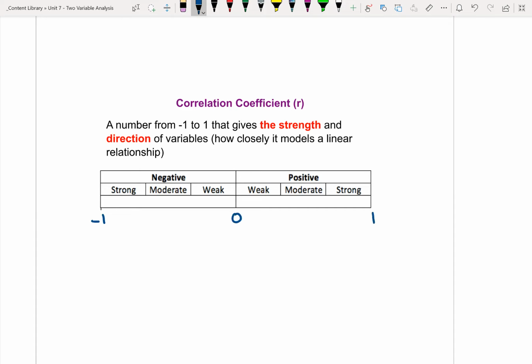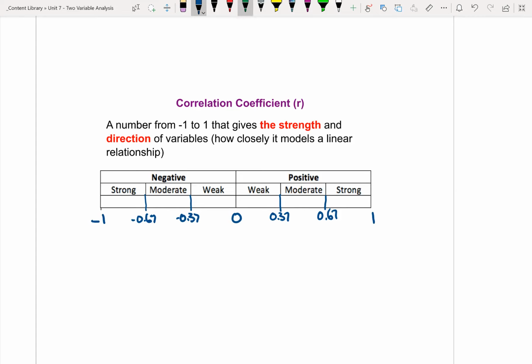If you're trying to divide this up, maybe you have -0.67, -0.37, +0.37, and +0.67, just using thirds. These values can tell you whether it's a positive and moderate relationship or a negative and strong relationship.